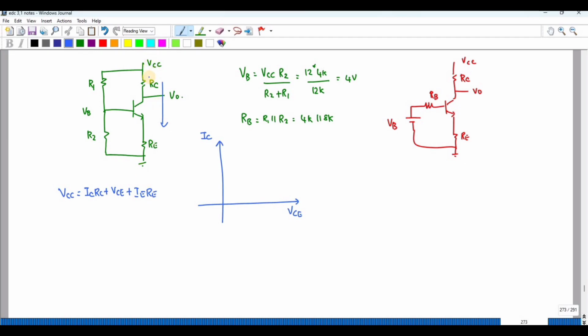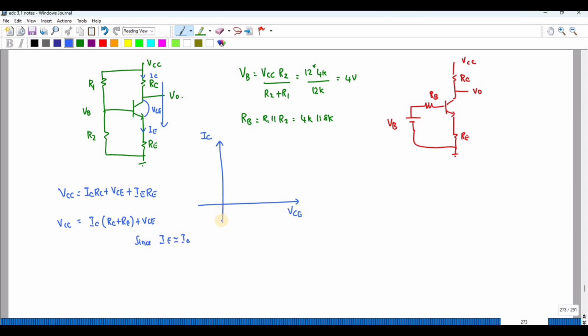The current flowing through RC is IC, the current flowing through RE is IE, and this is VCE, collector and emitter. So I can take IC common and write IC times RC plus RE, plus VCE, equal to VCC, since IE is approximately equal to IC.